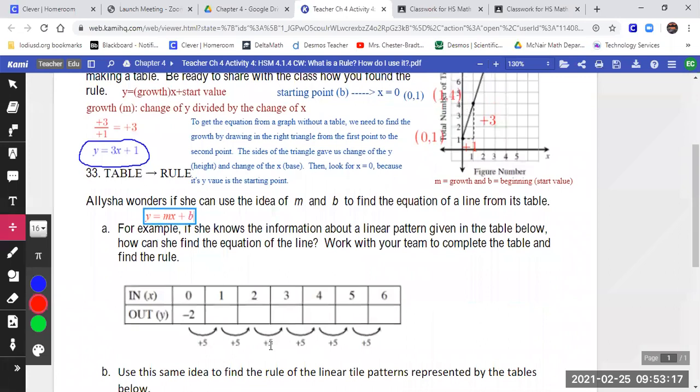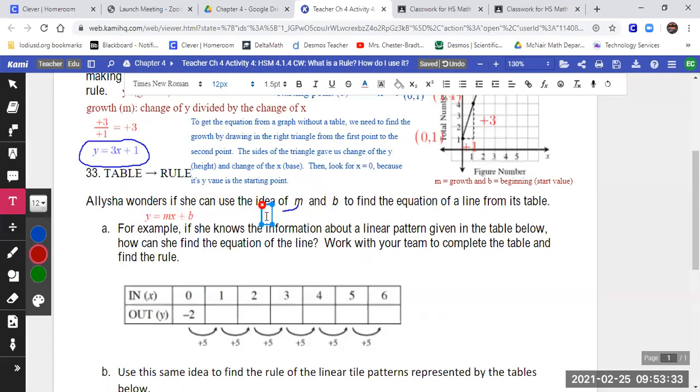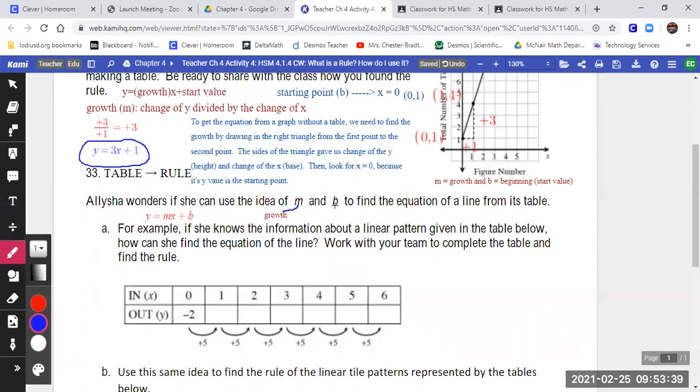Okay, so she wants to know, could she use that growth, remember this one's growth, and B, our beginning, our start.